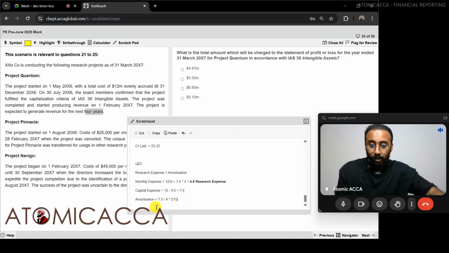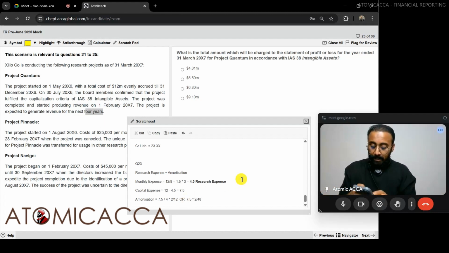So if you look at the denominator, we have 4 into 12, which is 48. So either you first divide by the number of years, then get the number of months, or you directly take the total number of months. It will be 7.5 multiplied by 2 divided by 48. Either way you'll get the same answer.